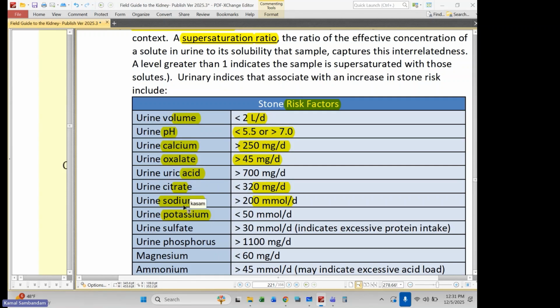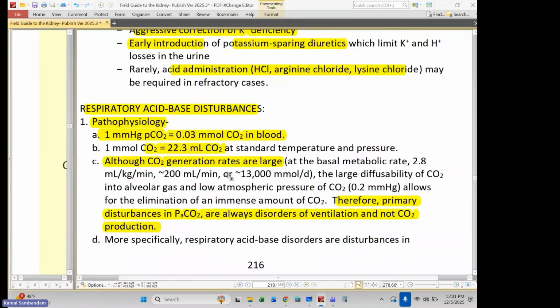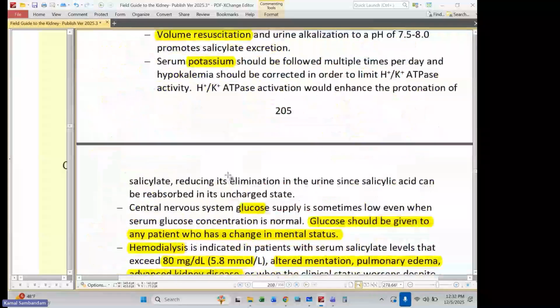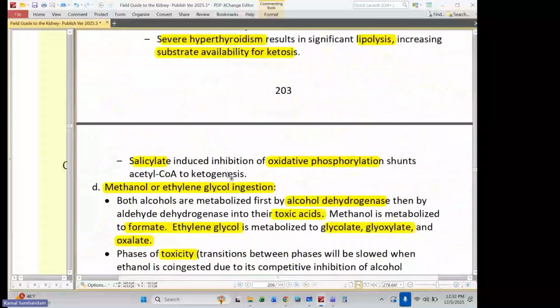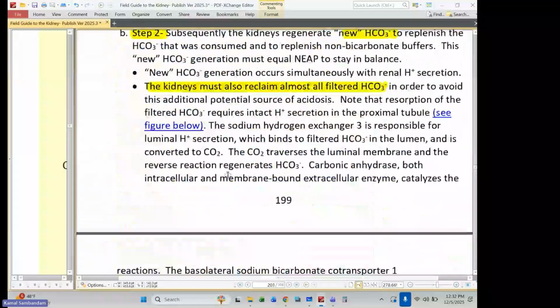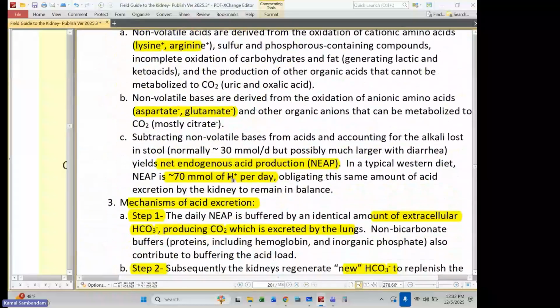So even we use potassium, I think I mentioned this when I talked about the early concept of acid-base homeostasis. I talked about net endogenous acid production, or NEAP, okay? One can estimate net endogenous acid production by quantifying the urinary potassium. A 24-hour urine potassium is equivalent in general to how much base is in your diet.